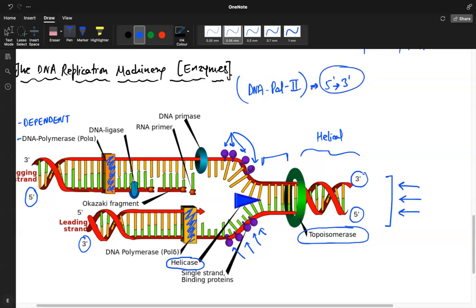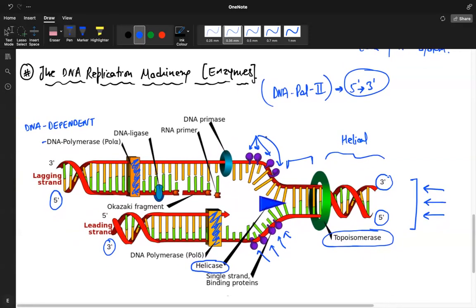So if this is the direction in which it works, what should be the direction of the template strand that it will take as reference? It's not very difficult to understand.